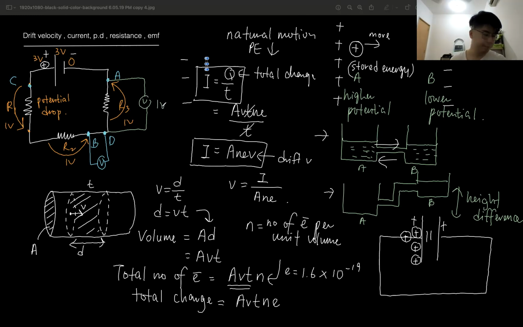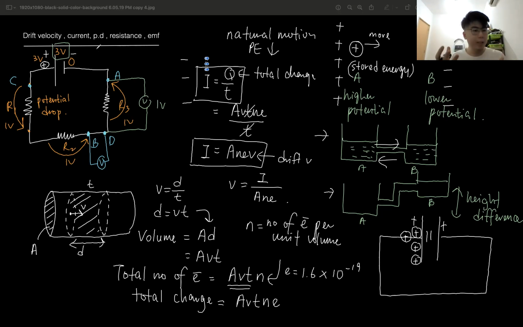Now, potential difference. What does 3 volt mean again? Conceptually, potential difference is the high ground and low ground, right? But if you want to define potential difference, we cannot say it's high ground and low ground, because we want something that we can measure.